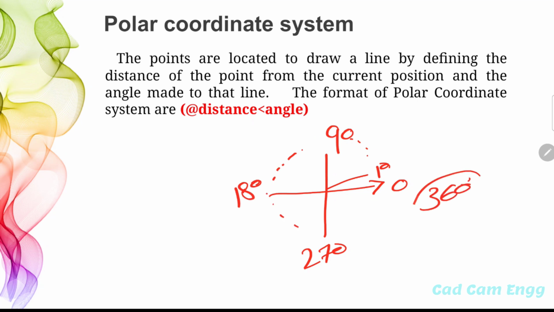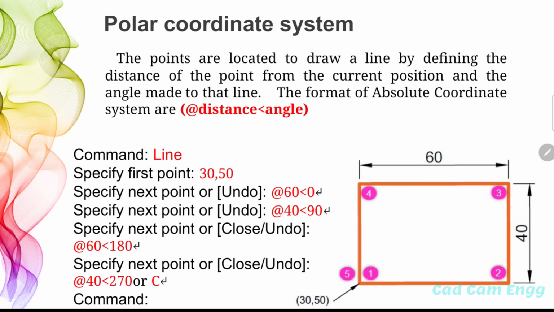Using the polar coordinate system we create a rectangle. The rectangle's distance along the x-axis is 60 and along the y-axis is 40. Another important thing to note down: the starting point is 30, 50. This is not 0, 0. So the starting point is 30, 50.